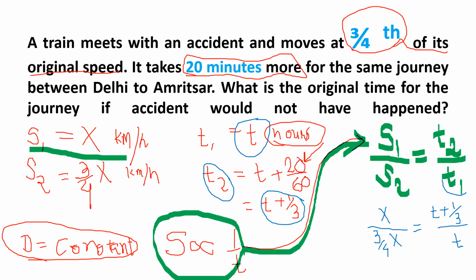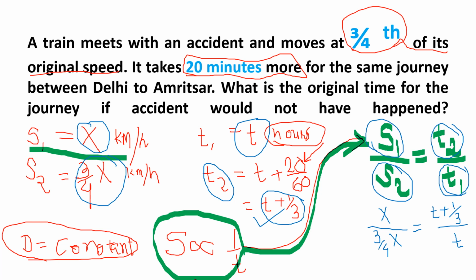Once again, S1 is x, S2 is 3 by 4x, T2 is t plus 1 by 3 and T1 is t. I hope this is clear to you.